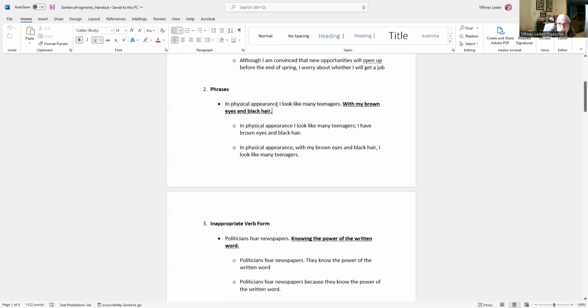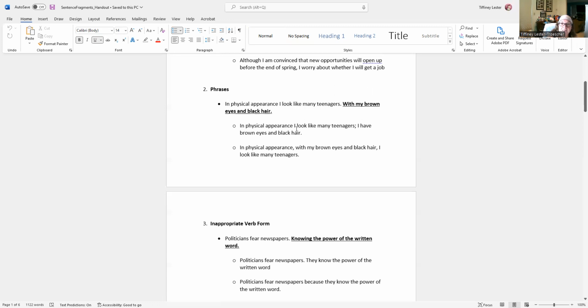But what we really were trying to do was incorporate this phrase into this initial sentence. We just didn't do it the right way, right? With my brown eyes and black hair directly relates to this initial sentence. The reason she looks like many teenagers is because of the brown eyes and black hair. Not sure how that makes sense, but that's what she's trying to say.